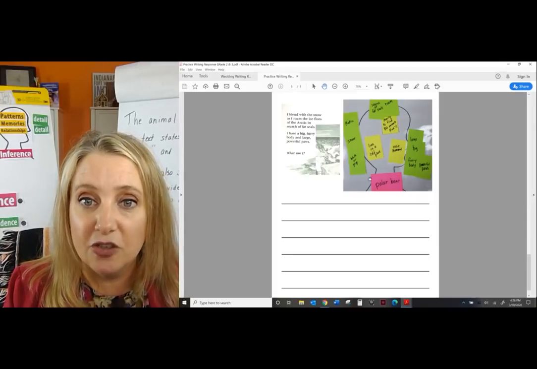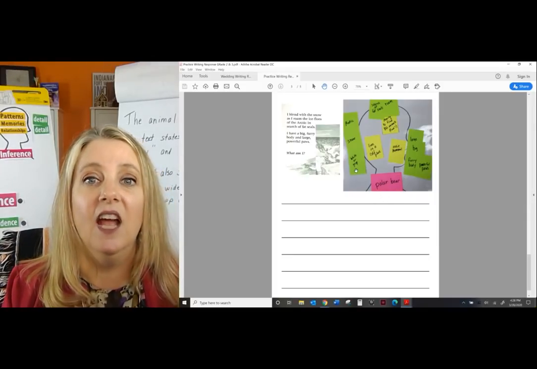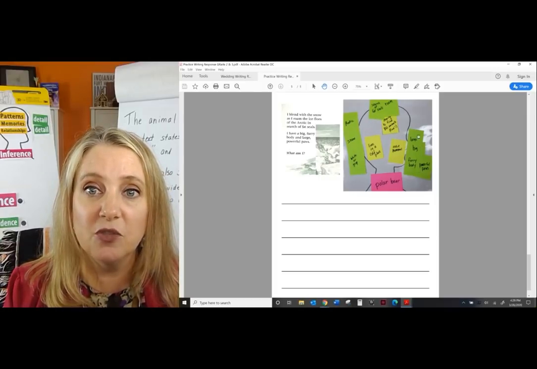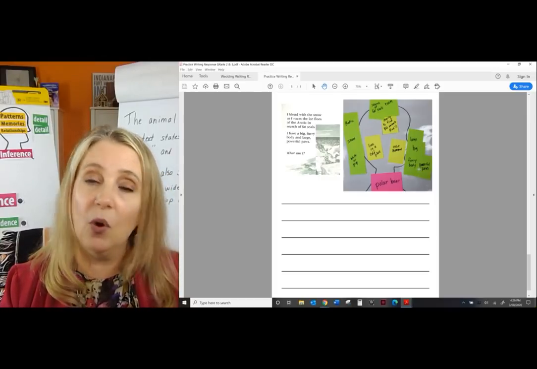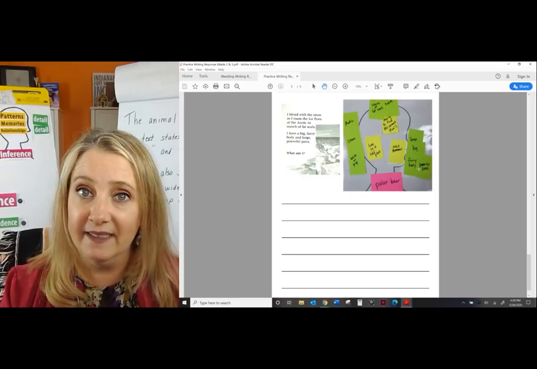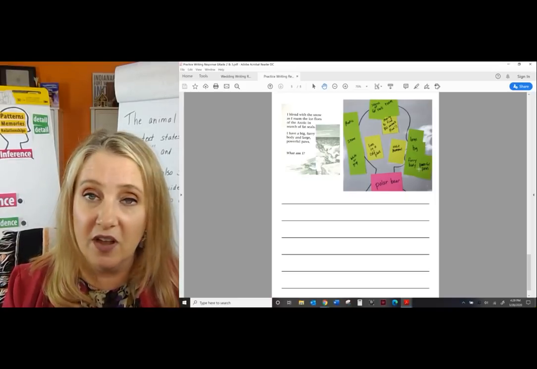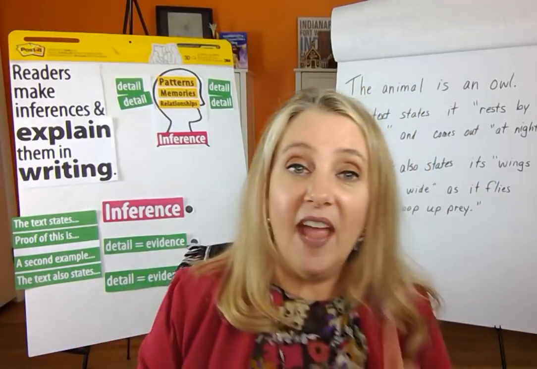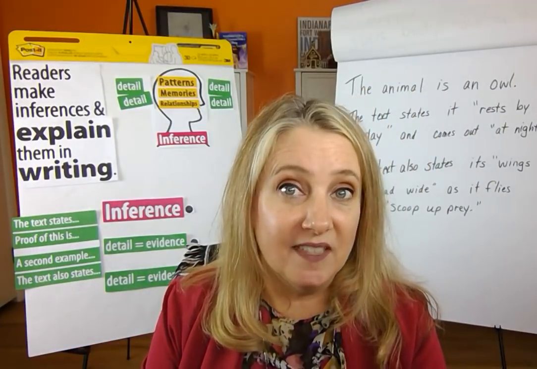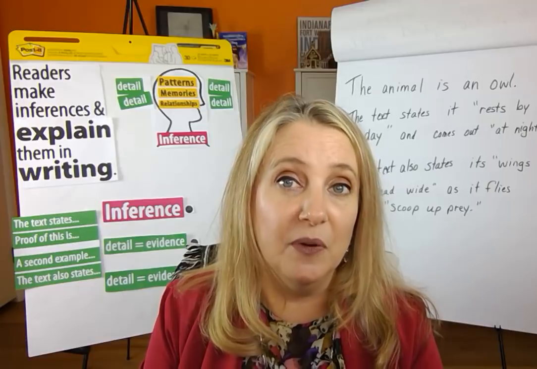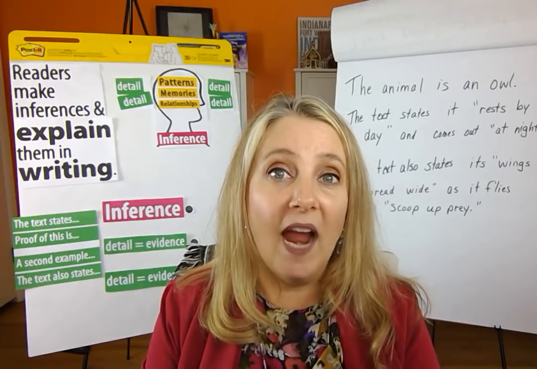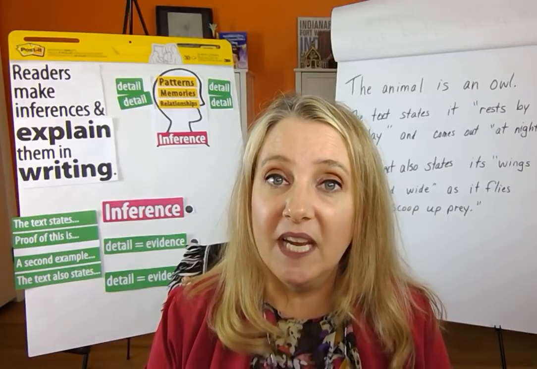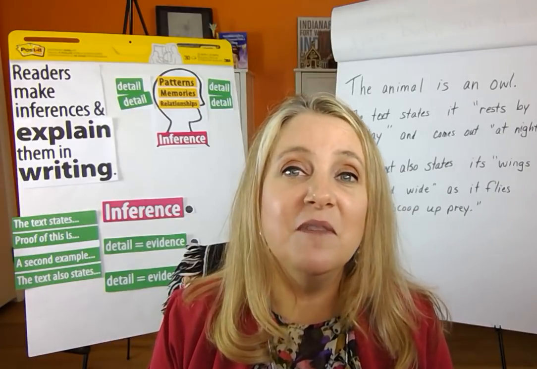And so that's your inference sentence. And then the other two sentences, you can combine some of these details. Which ones do you want to put together? Okay, so we're only talking about the pink and the green in this assignment. That's all we're talking about today. All right, guys. So that would be the assignment I would have you do if you were going to practice writing about your inferences. But check with your teacher because your teacher might have an even better idea.